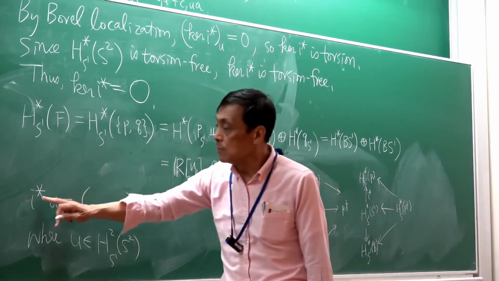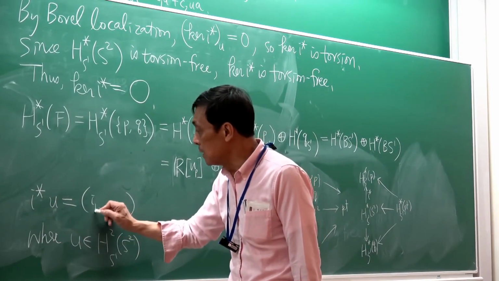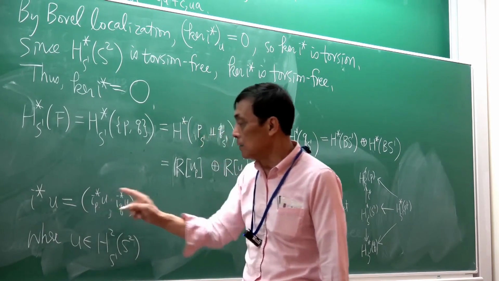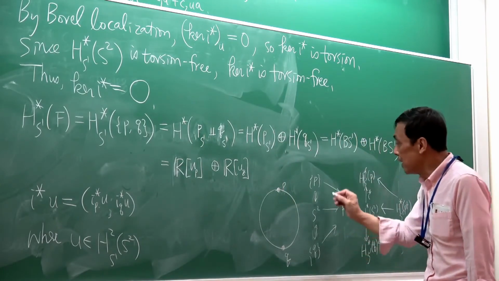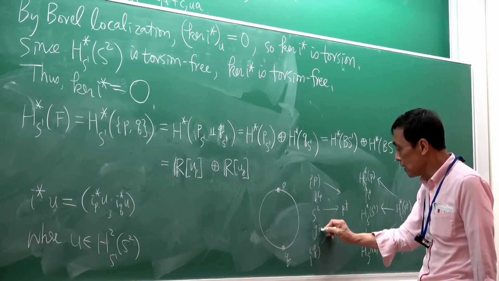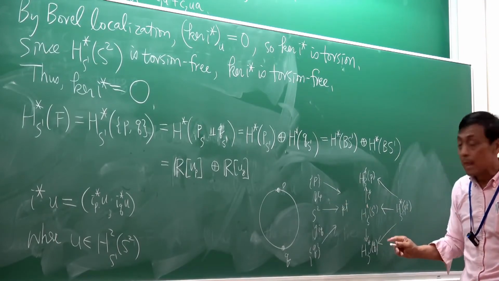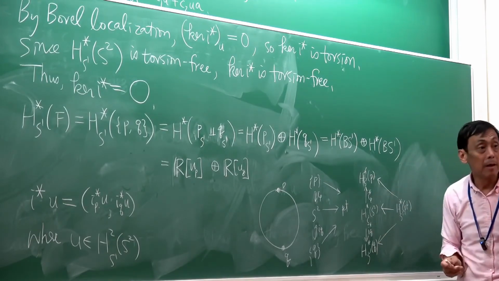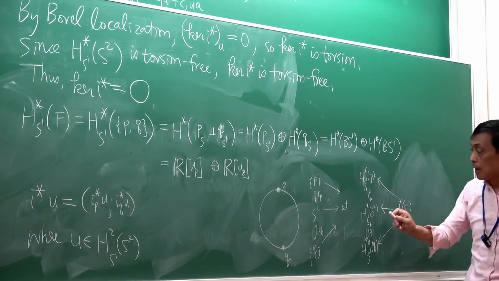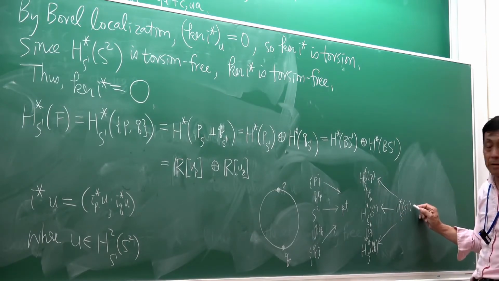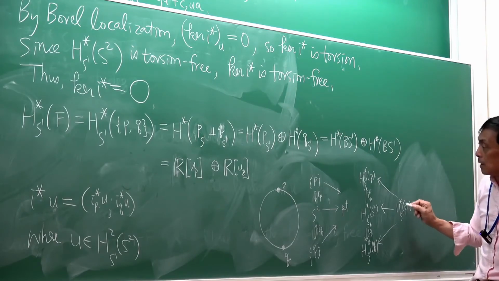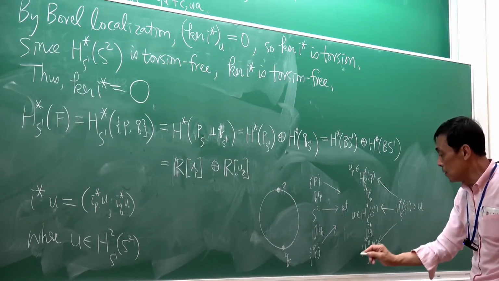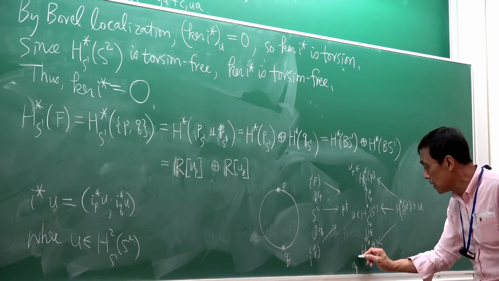So when I restrict U, first I restrict it to P, then I restrict it to Q, right? I restrict it to the 2 points, okay? Now this is IP, this is IQ. And so this is IP star, this is IQ star, you see? And the generator here goes to UP here, it goes to U here, it goes to UQ here, you see?